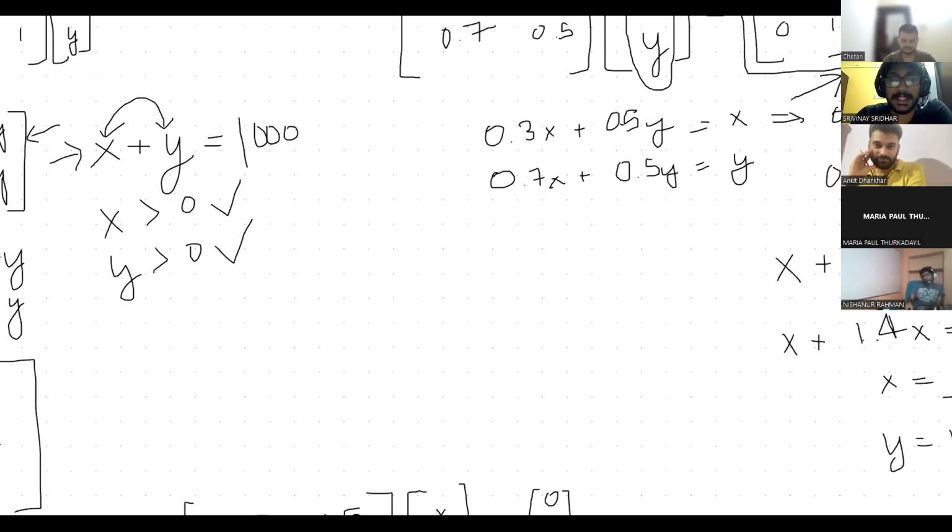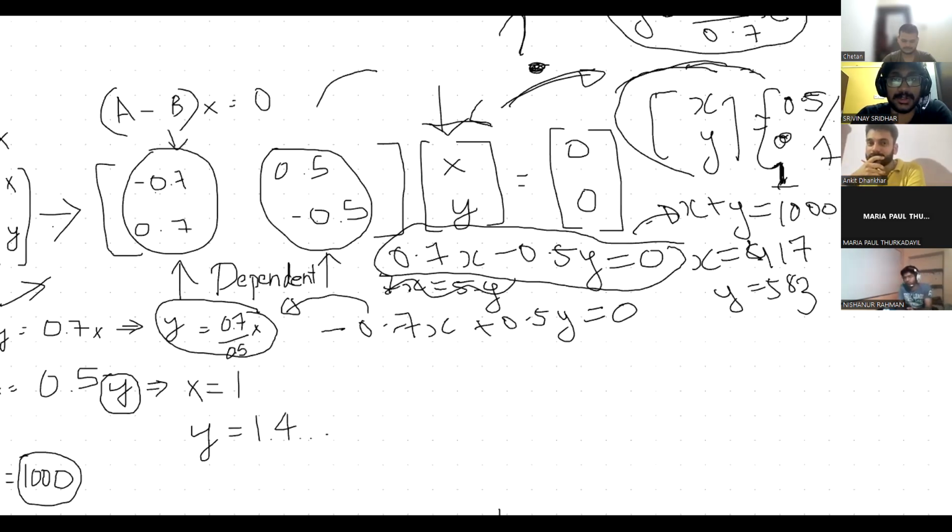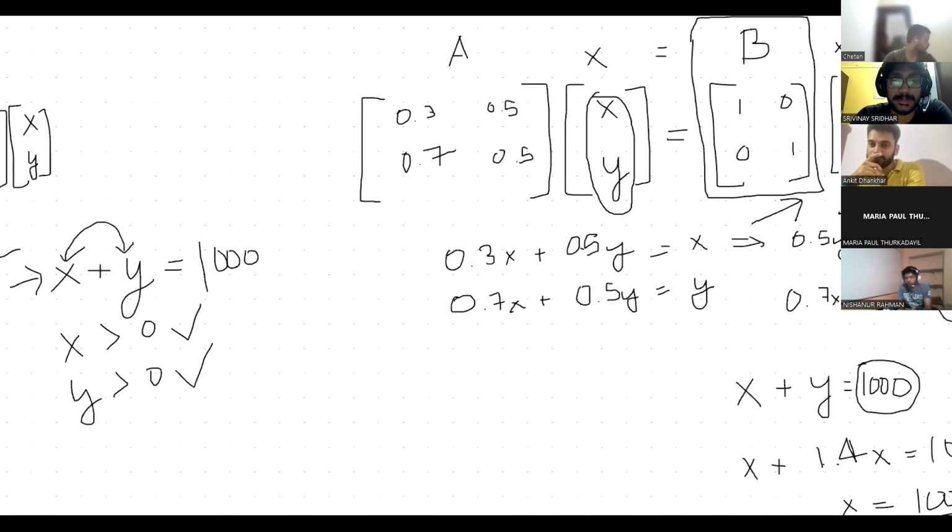What if I write the third row here? I'm writing it here as 1, 1 equal to x, y, and 1000. You want to try to do that? I'll erase this here. Obviously, I don't want it in the middle of nowhere.